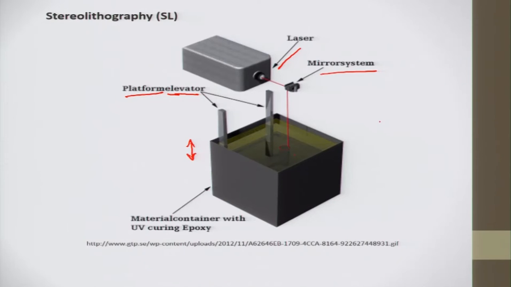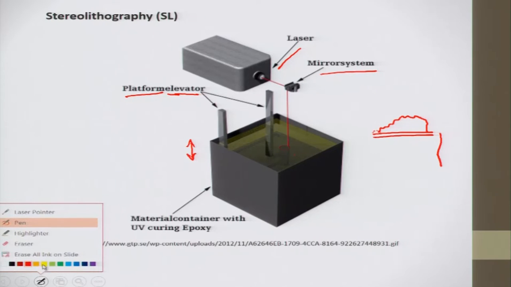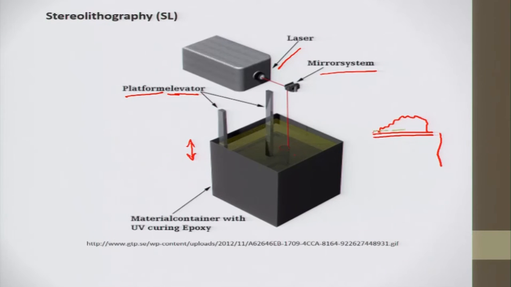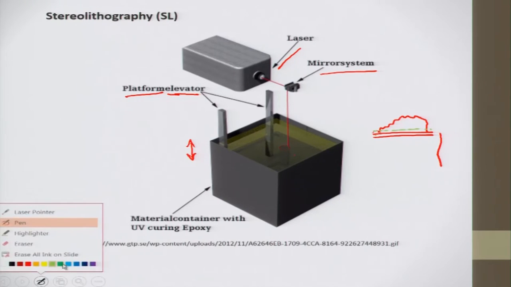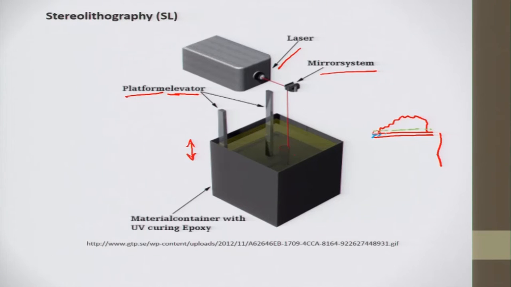So what is happening, if I say this is my platform and this is the part that is to be made. First the platform is at this height and one layer thickness is first cured. Now in the second step the platform is brought down. I will put another color here, this blue color is my platform.